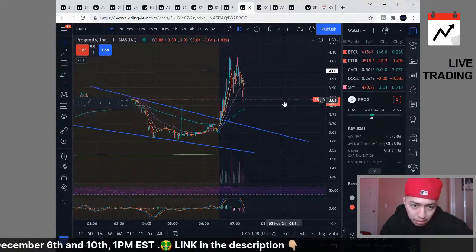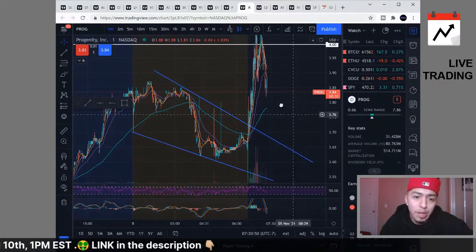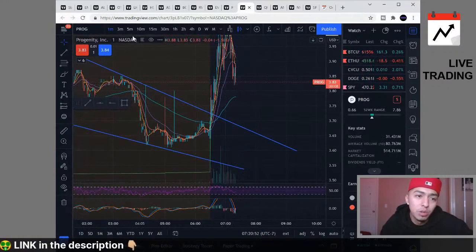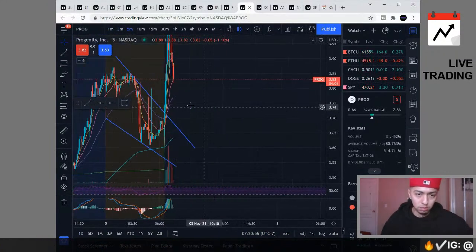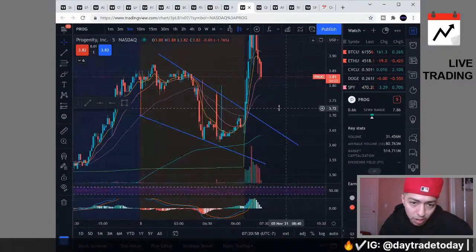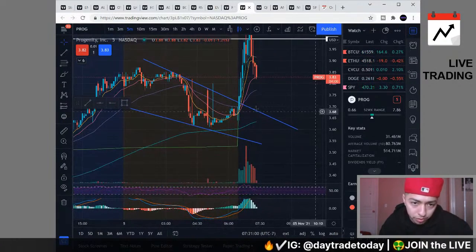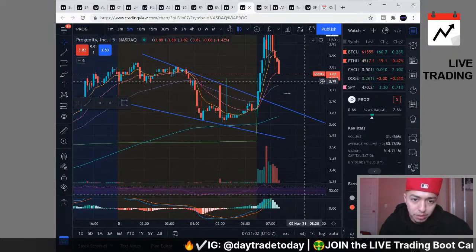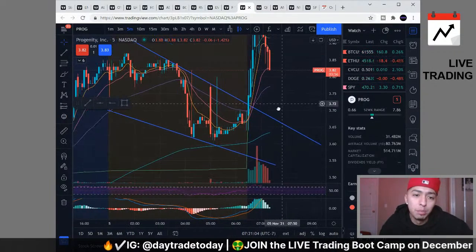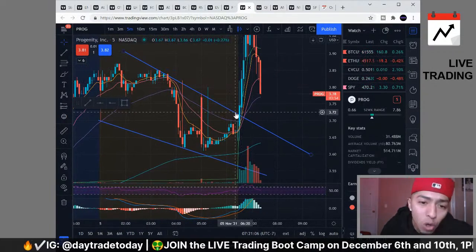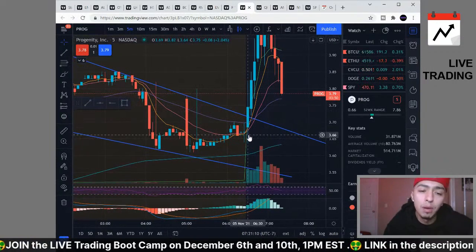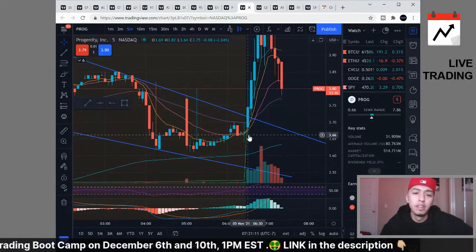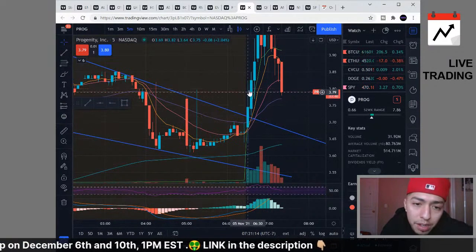It did break out. So see, look, PROG, let's go to the 5 minute. PROG did a nice little move out of this falling wedge. On PROG, I did draw this wedge in the pre-market. What I would have done on the breakout of a pattern is, you see this candle wick right here.